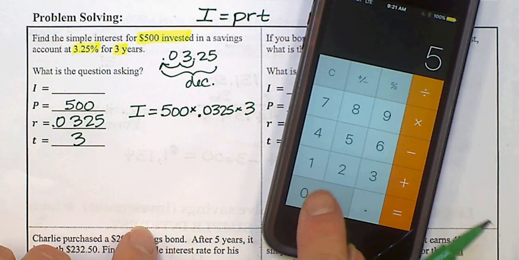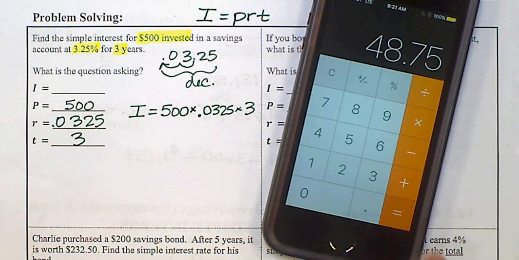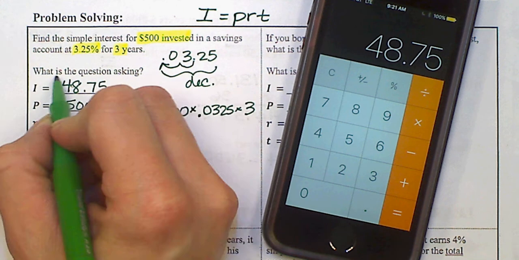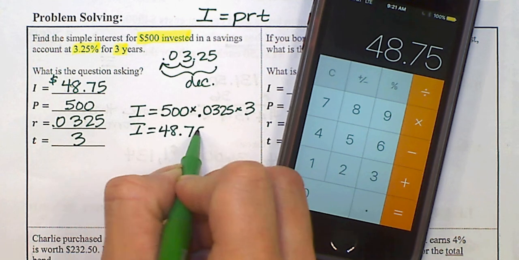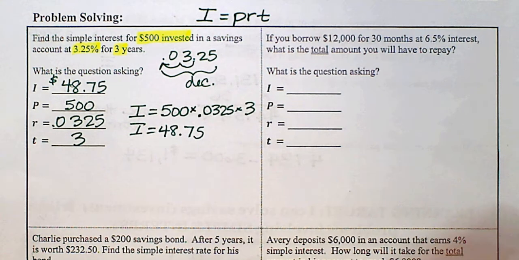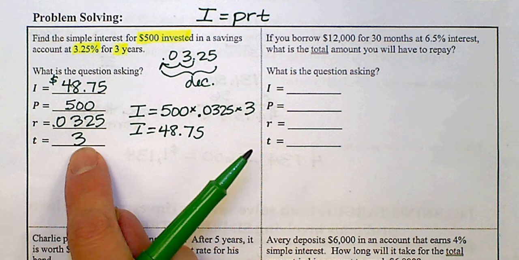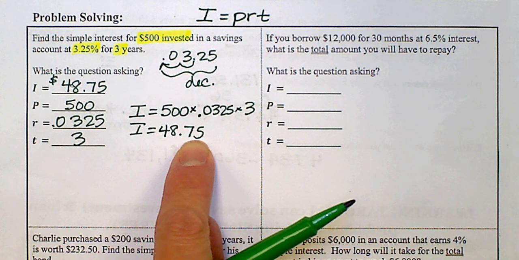So we type in 500 times 0.0325 times 3, so the interest is $48.75. So if you were to put in $500 into the bank at this rate for 3 years, they would give you an additional $48.75 back.